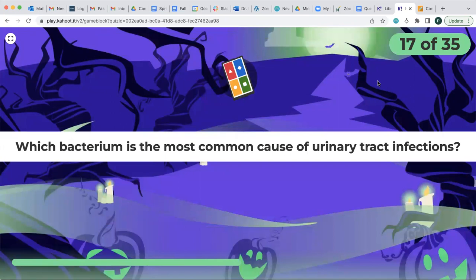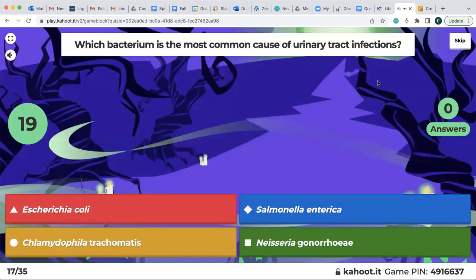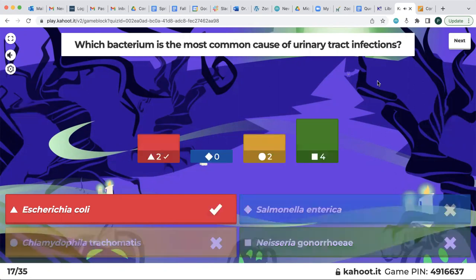Which bacterium is the most common cause of urinary tract infections? So yes, this one's a bit of a tricky one.